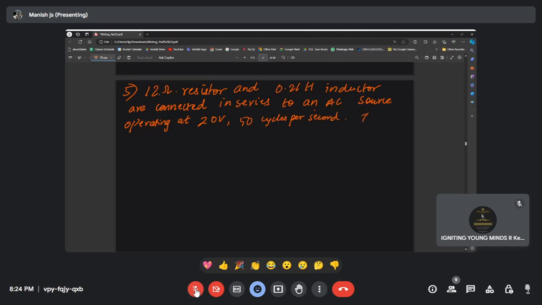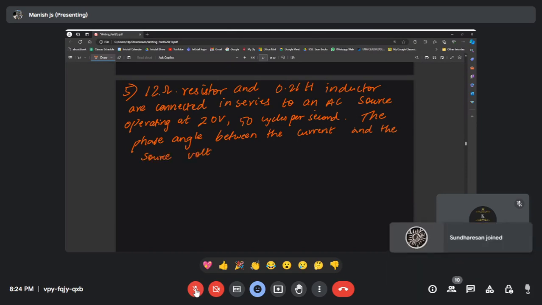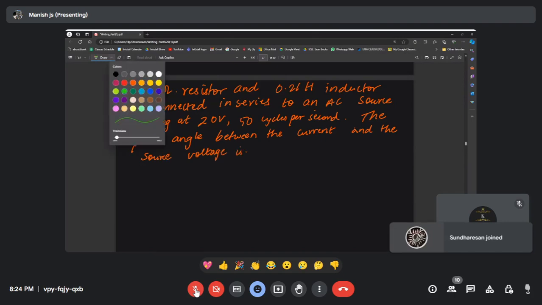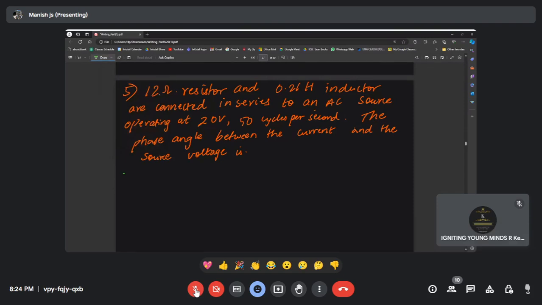And the question is: what is the phase angle between the current and the source voltage?